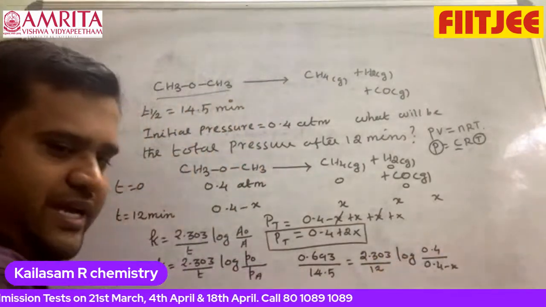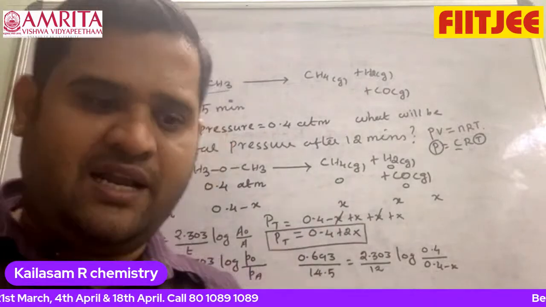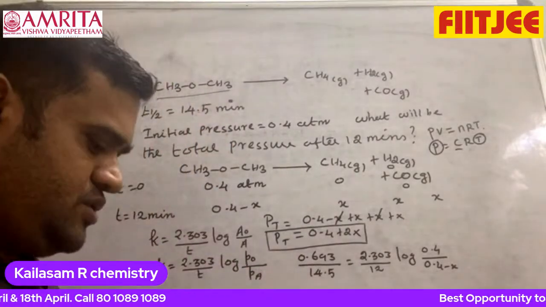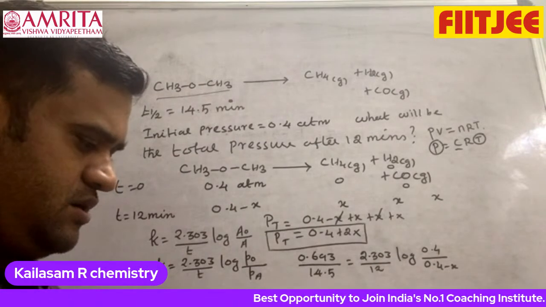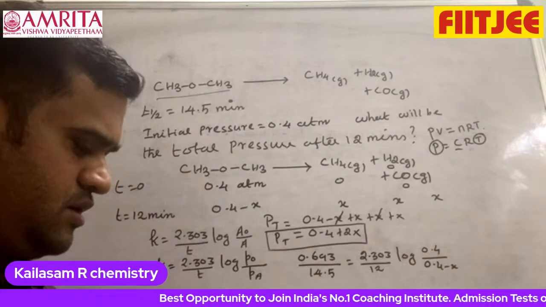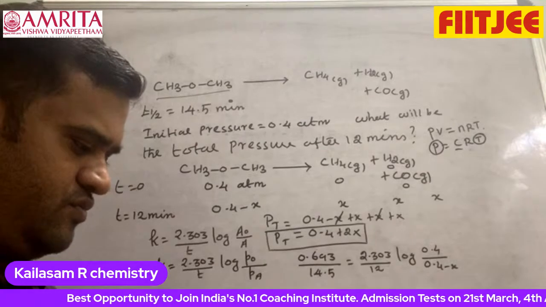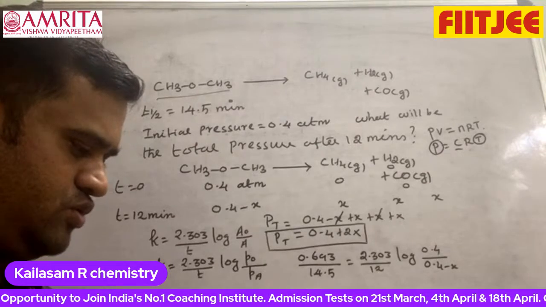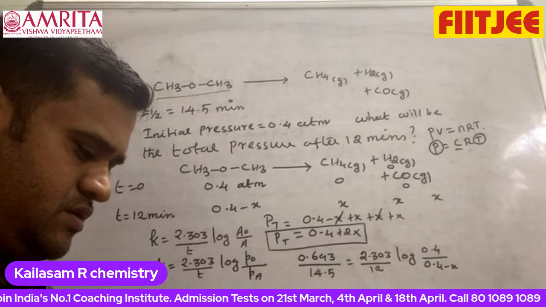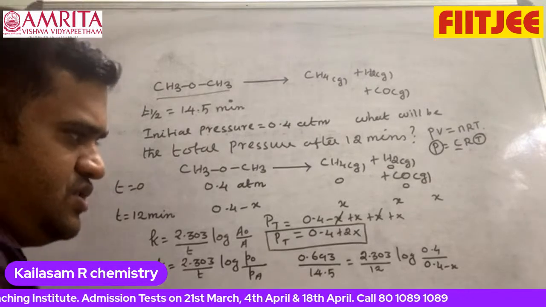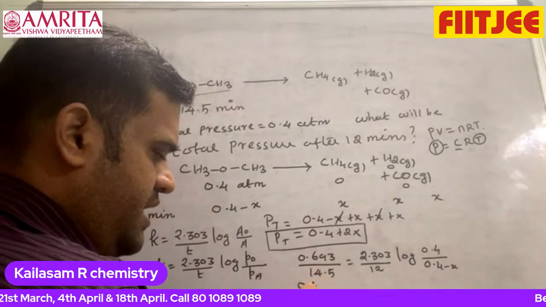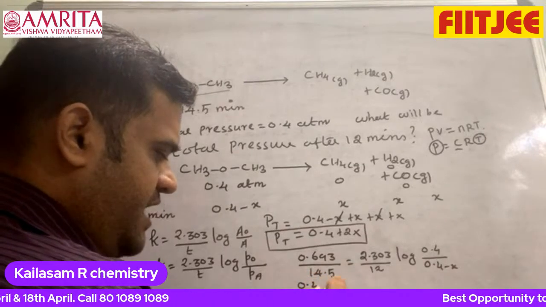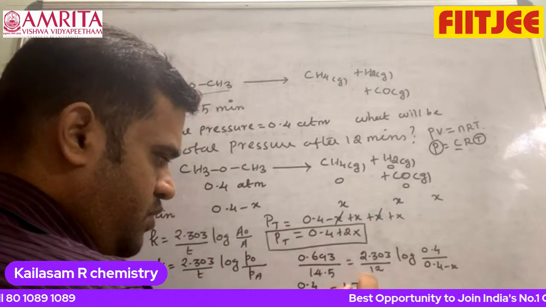Now I will find the x value using a calculator. That means 0.693 into 12 divided by 14.5 divided by 2.303. You may get 0.4 by 0.4 minus x equal to 1.774.